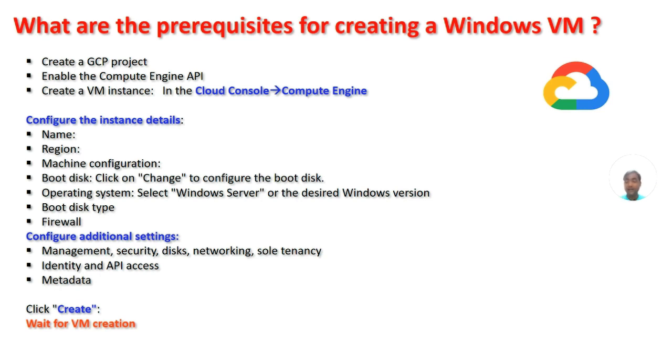By default, RDP (Remote Desktop Protocol) port 3389 is allowed for Windows VM. You can customize firewall rule settings as per your requirement. Configure the network settings such as VPC network and subnet for the VM. Configure additional settings as per your requirement.